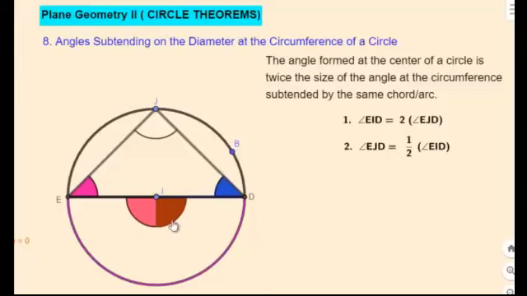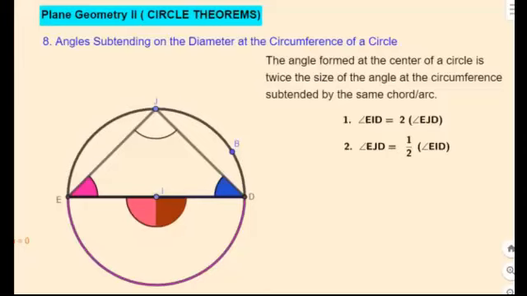Good. We can see that, like before, the angle at the circumference EJD occupies exactly half of the angle on the straight line ED. And we know that angles on a straight line add up to 180.